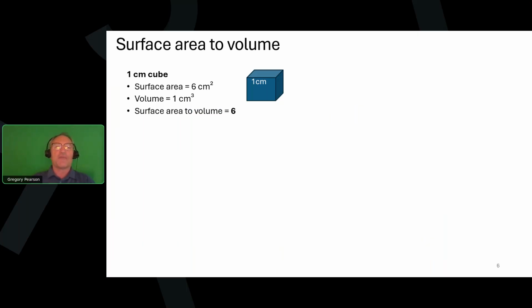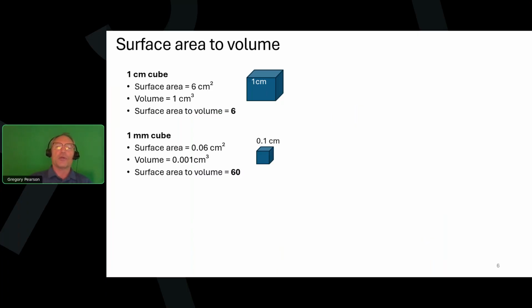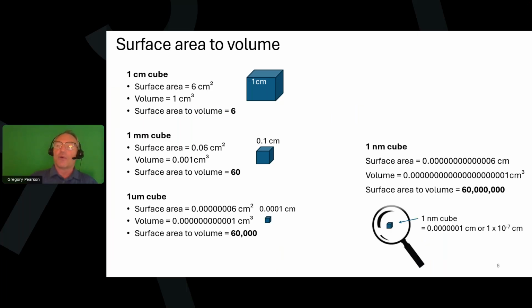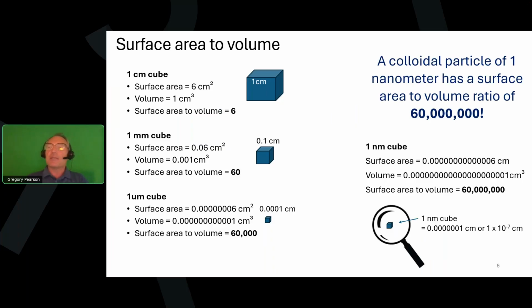So if you take the surface area divided by the volume, you would get a relative ratio of 6. If you do that with smaller particles, like a 1 millimeter cube, the ratio becomes 60 surface area to volume. For a micrometer cube, it becomes 60,000. And for a 1 nanometer cube, it becomes 60 million.